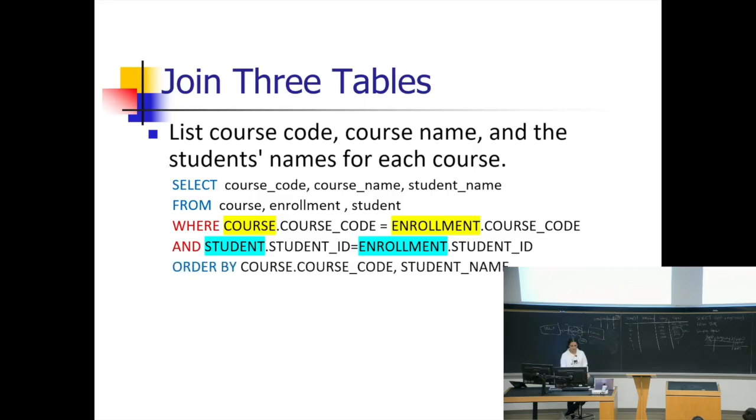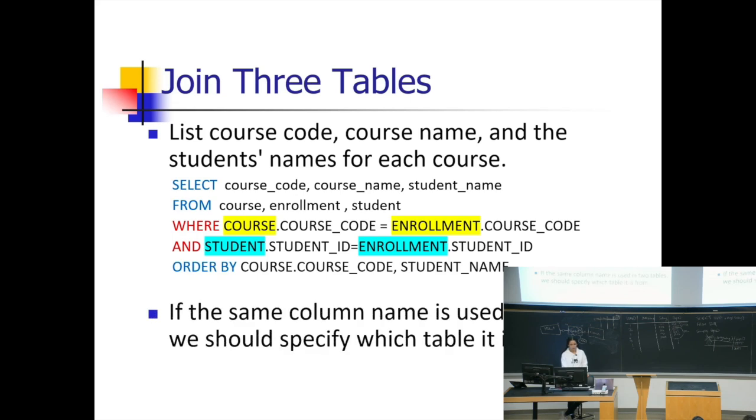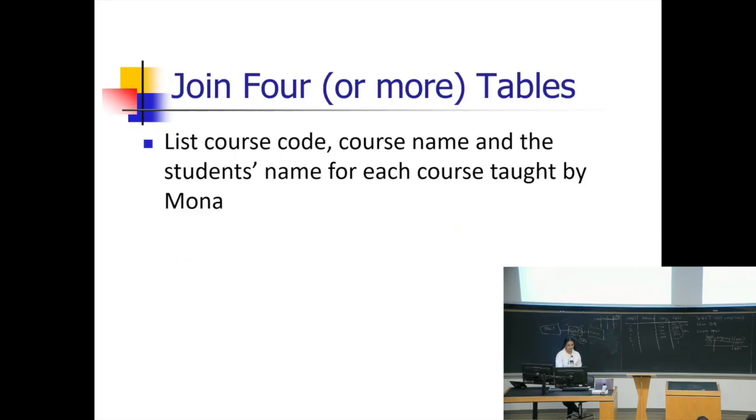And then at the end, you can also sort your results. Now, if the same column name is used in two tables, we should specify which table it's from. So sometimes you can skip the table, but if they have the same column name, you have to mention that.